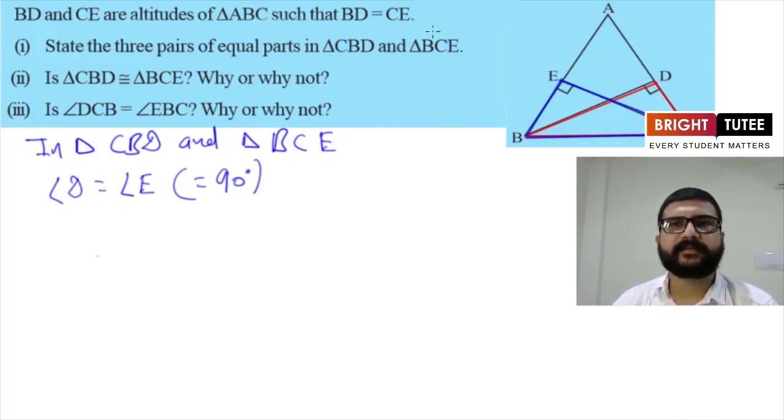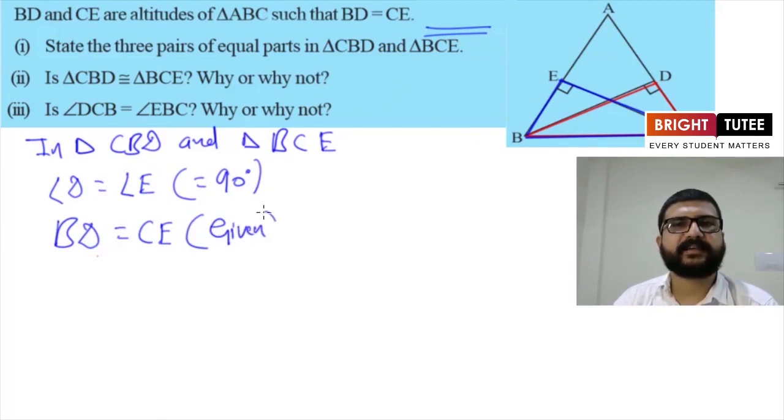And what else do we have? It is given in the question that BD is equal to CE. So we can write it here, BD is equal to CE, and it is given in the question. Do we have anything else now? Observe the triangles carefully.